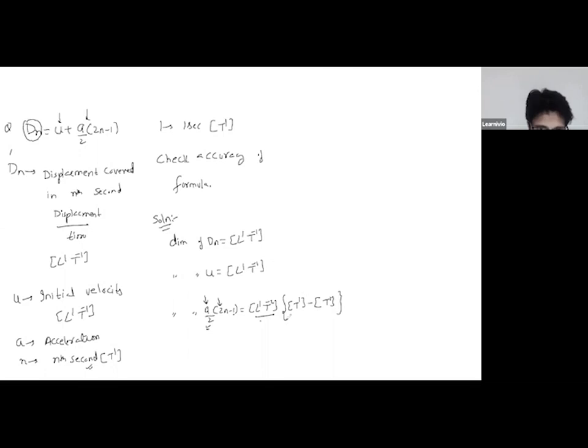So Shafaq, again, can we cancel this T1 and T1? No. They will not cancel. T1 minus T1 would be T1 only. So the combined would be L1 T minus 1. So all three quantities have the same dimensions. So you can say that the formula is dimensionally correct.